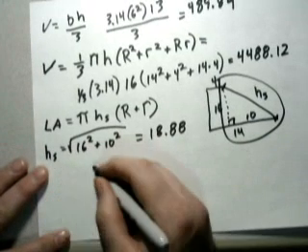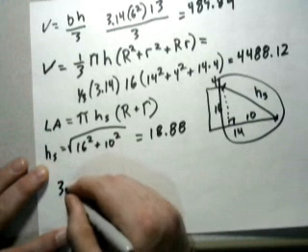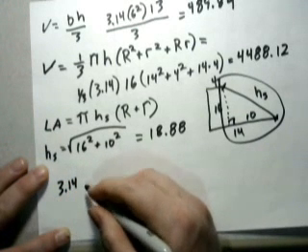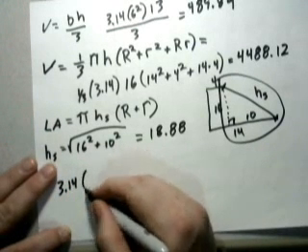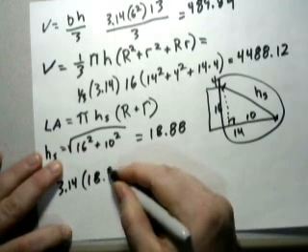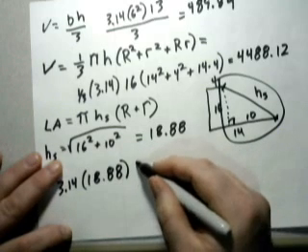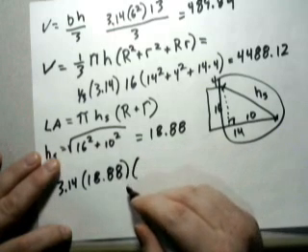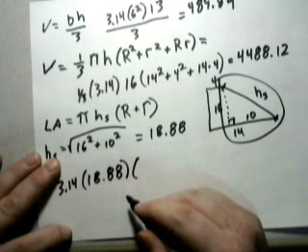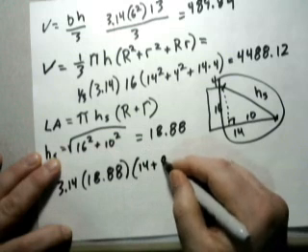and so we can find the lateral area as 3.14 times, what did I say that was? 18.88, and then multiply that by 14 plus 8.